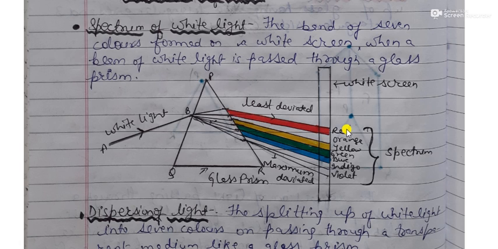Students, white light is a mixture of seven colors, and the dispersion of white light takes place because the colors of white light travel at a different speed through glass prism. The amount of bending depends on the speed of colored light in the glass. Now, since different colors travel at different speeds, they are bent by different angles.